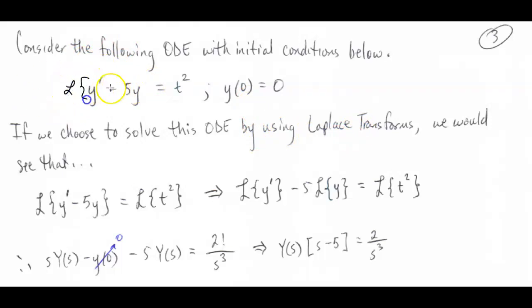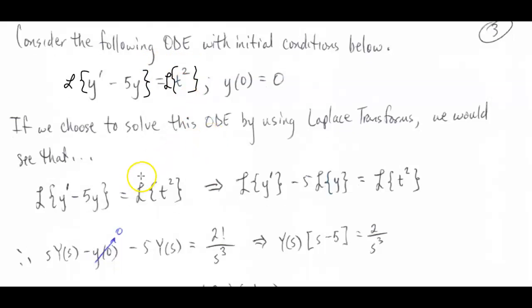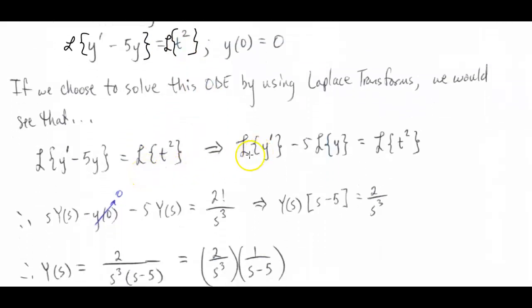So of course, we'll take the Laplace transform of the left side, and the Laplace transform of the right side. If we do that, then on the left side we can split this up into the Laplace transform of the difference of both of these, where this constant is on the outside, and we'll take the Laplace transform of t squared.